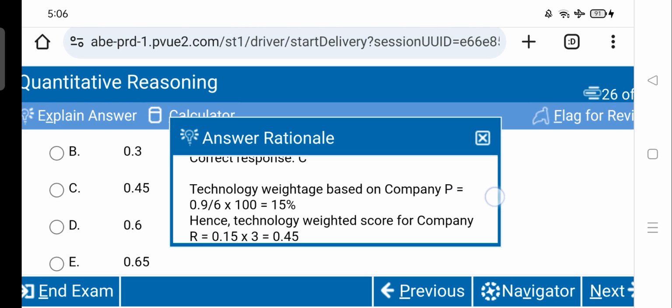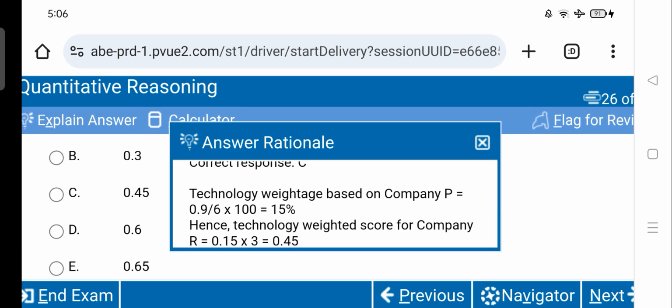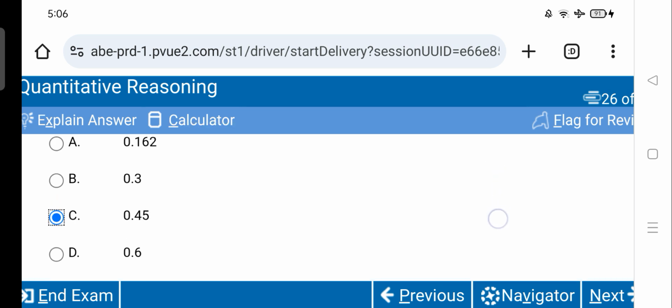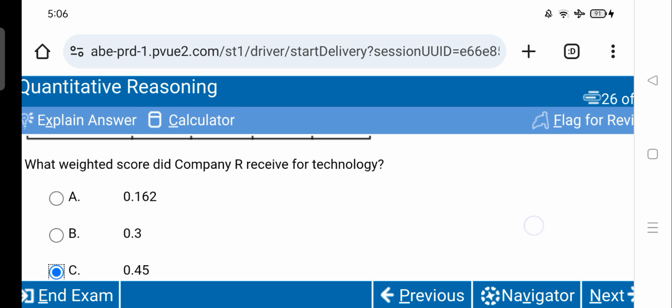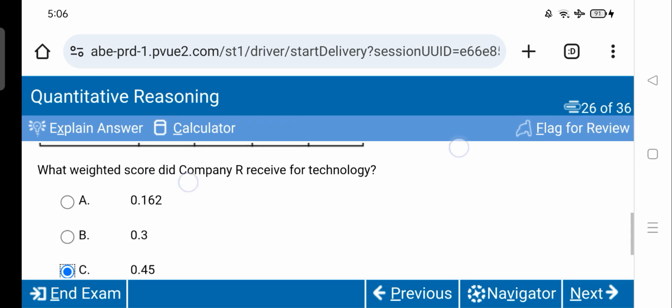Hence, the technology weighted score for company R equals 0.15 multiplied by 3 equals 0.45. So the correct response is option C, that 0.45 will be the weighted score that company R receives for technology.